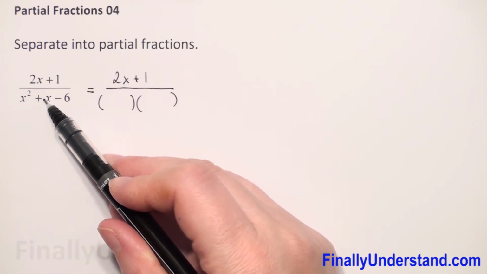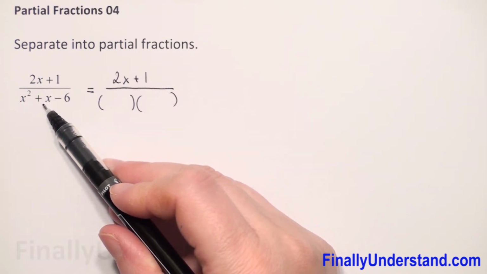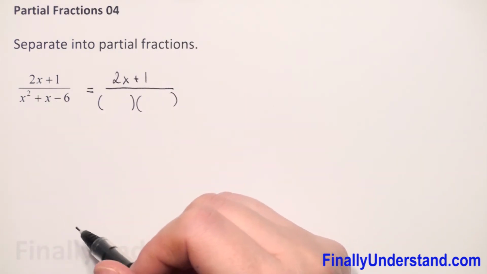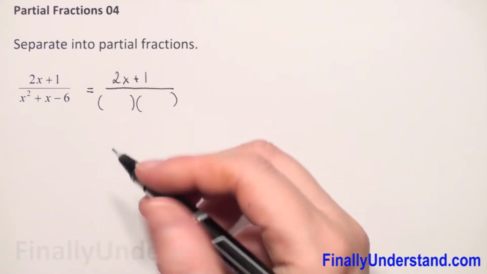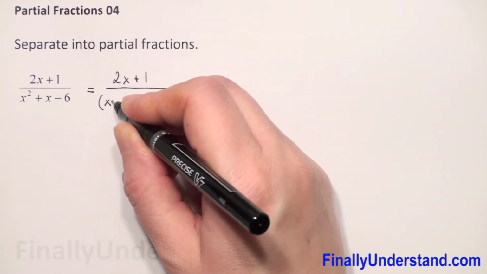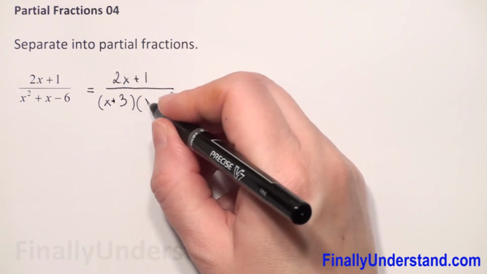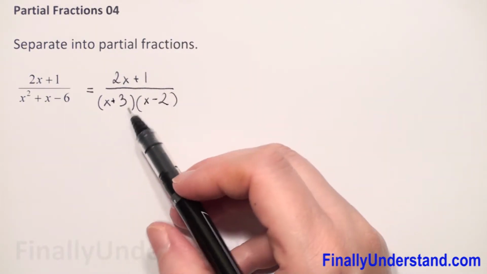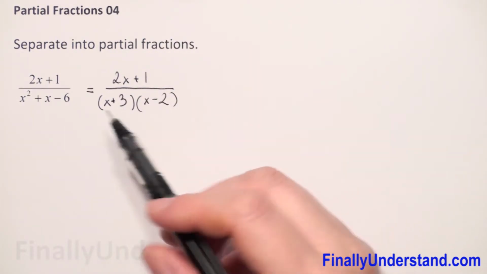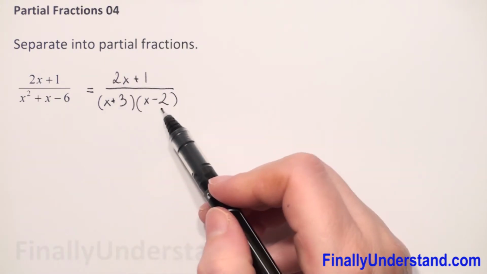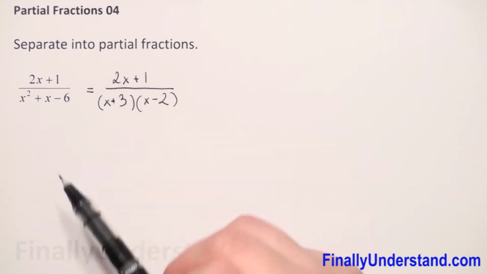The coefficient before x is an invisible 1. So it will be 3 and -2. So x plus 3 and x minus 2. Let's check. 3 times -2 gives me -6, and 3 plus -2 is 1.